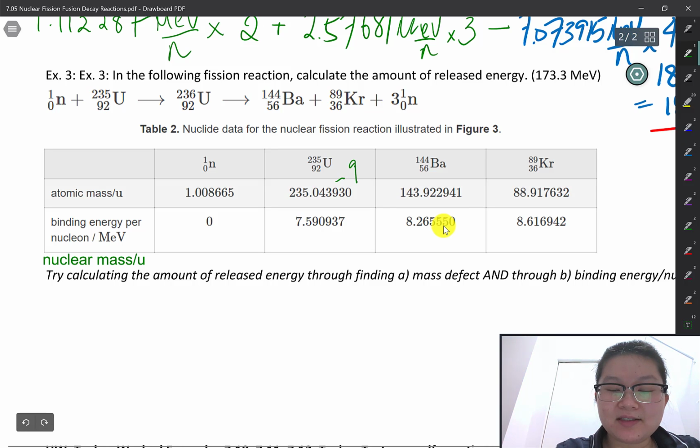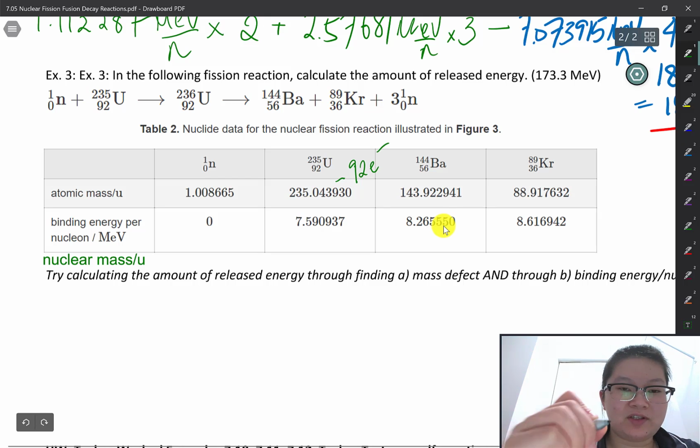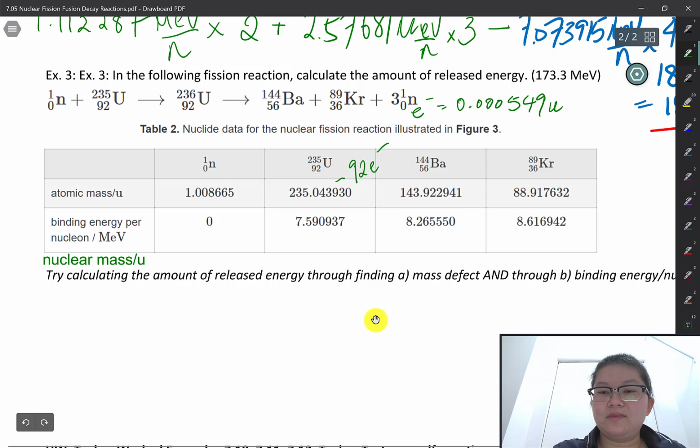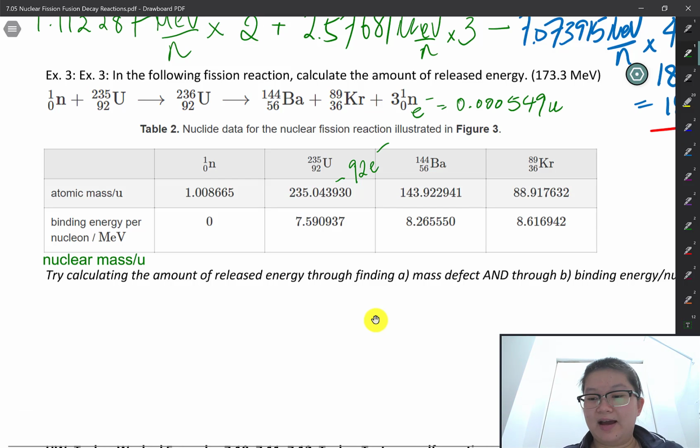So we're going to subtract the mass of 92 electrons here. The mass of an electron in terms of unified atomic mass units is 0.00054858. So I'm going to do that to give me the nuclear mass of uranium.